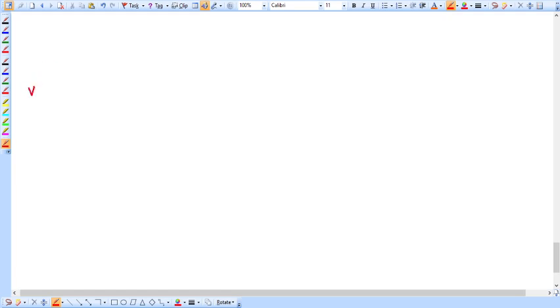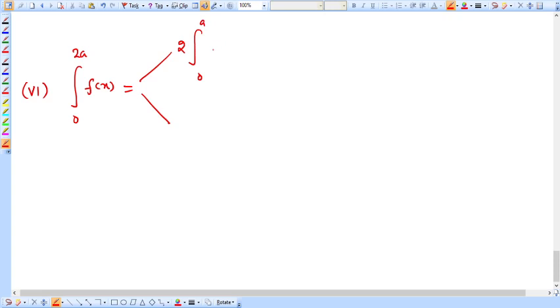Property 6 says that integration of f of x 0 to 2a is equal to twice of 0 to a f of x dx, if f of 2a minus x is equal to f of x, right?